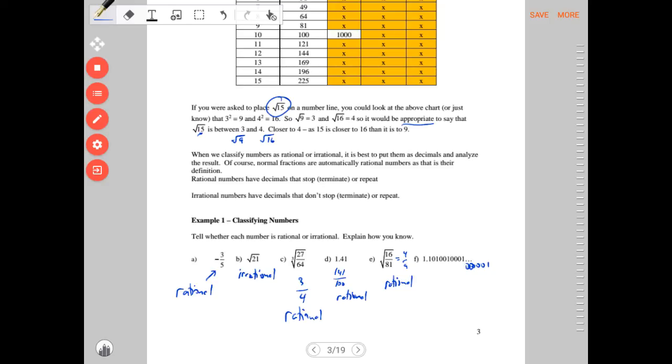The thing is, it's not a repeating pattern. It's not the same pattern over and over. You keep adding a 0. So this one here is irrational. There's a pattern, but it's not a repeating pattern. Okay, so that is how we classify those.